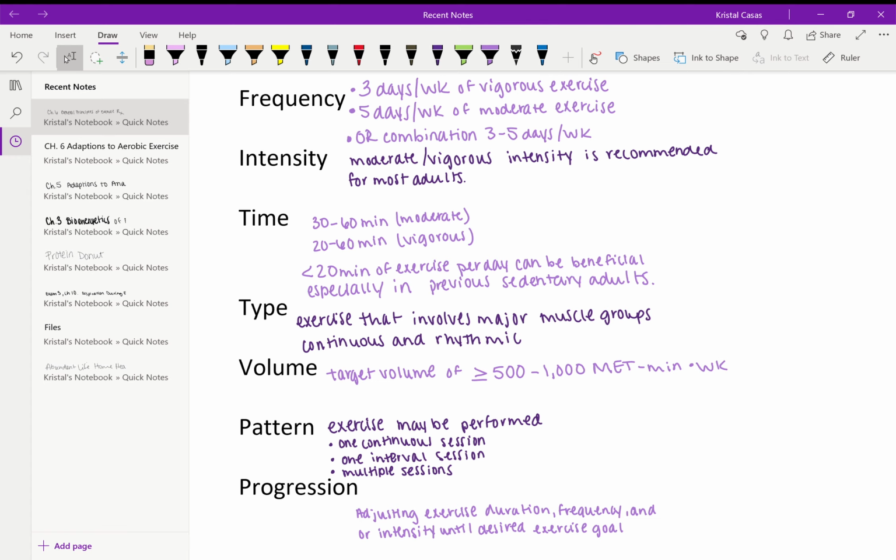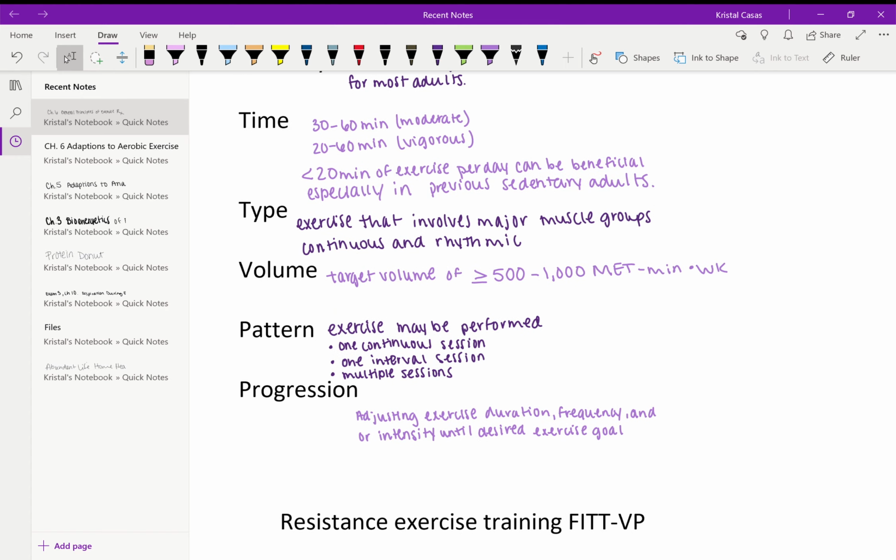For time, 30 to 60 minutes moderate, 20 to 60 minutes vigorous, anything of 20 minutes or less. It can also be very beneficial for sedentary adults. The type, just as long as it involves major muscle groups and it's continuous and rhythmic.